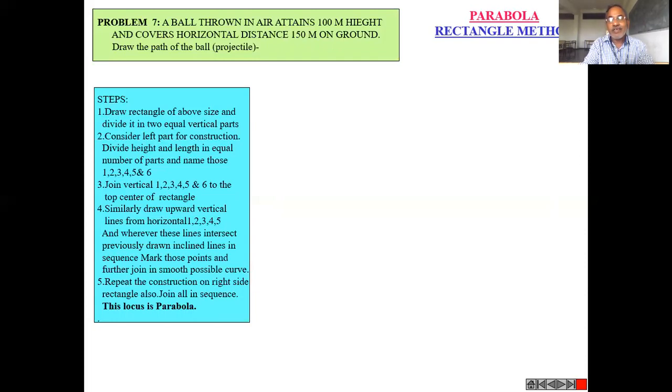150 meters, meters means it's a very big measurement. Our drawing sheet is not sufficient. Do you remember what the drawing sheet size is? Did you follow them? The basic drawing sheet size is A0, and its size is 1 square meter only.